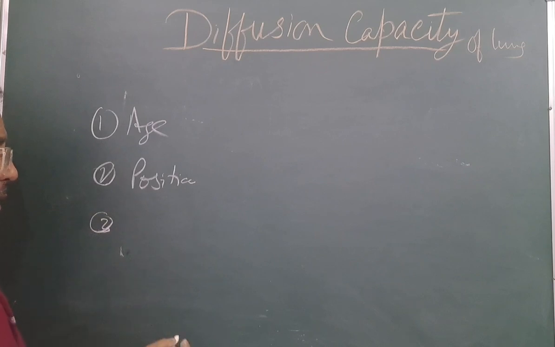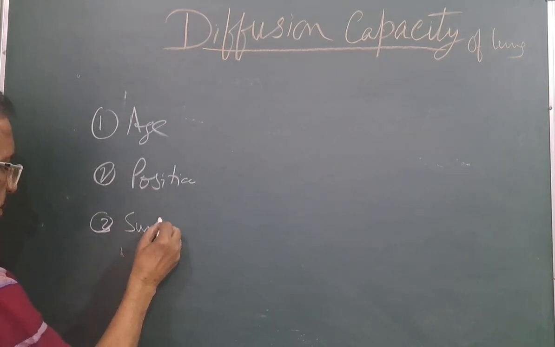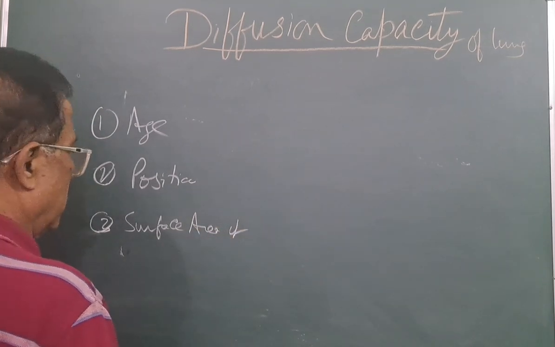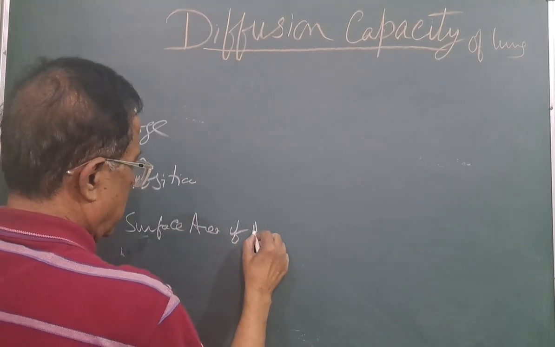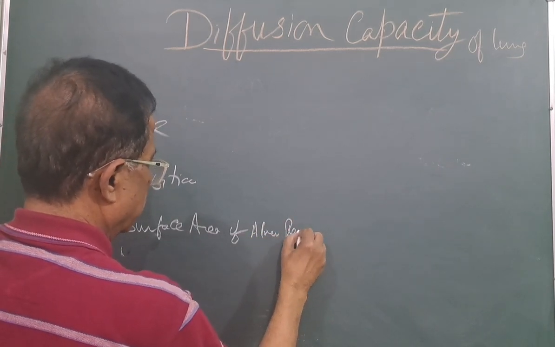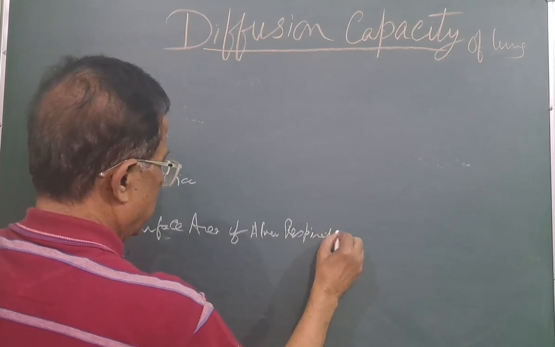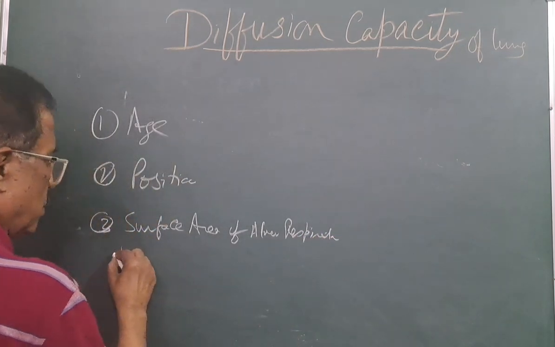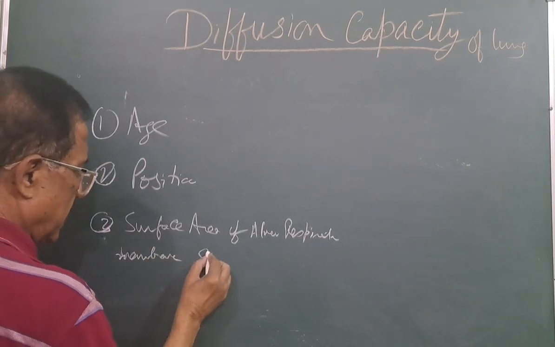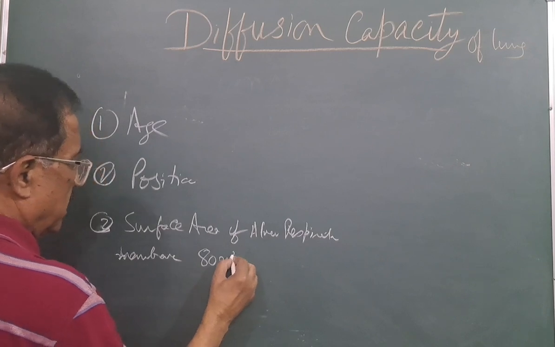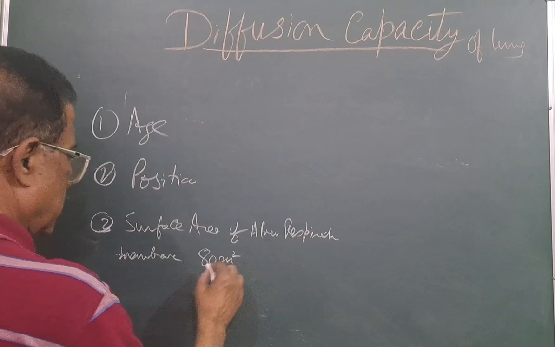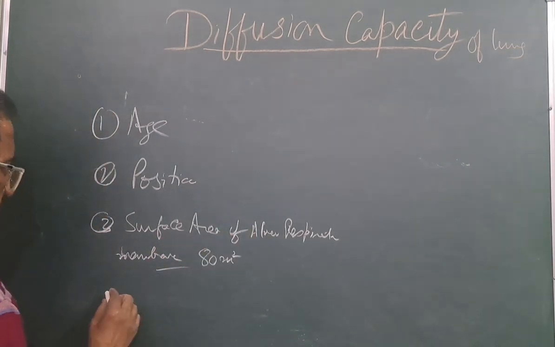Then surface area of the alveolar respiratory membrane. Normal average is 80 meter square. It may reduce in some diseases, for example, fibrosis.